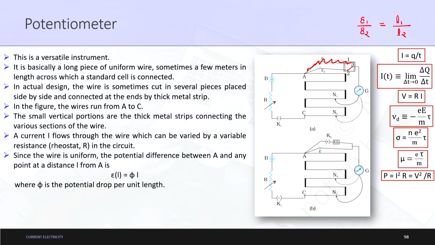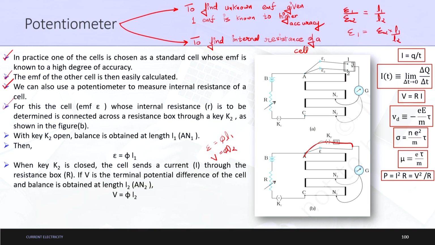Even if this value is known to you and this value is unknown to you, then you can find the unknown value as epsilon 1 is equal to epsilon 2 into L1 upon L2. So this is the complete sequence of finding the unknown EMF, given that you know the value of the known EMF.